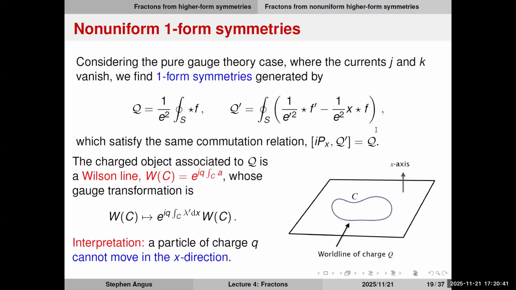If we interpret this as the world line of a particle, it means the particle cannot move in the x direction. So it's confined to any directions, including time, that are transverse to the x direction. And this is a closed loop, but we can also have an infinite one, extending from infinite past to infinite future.